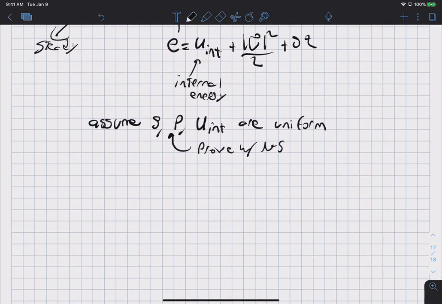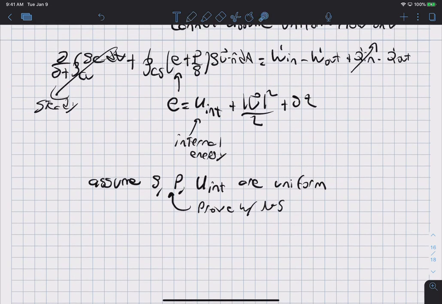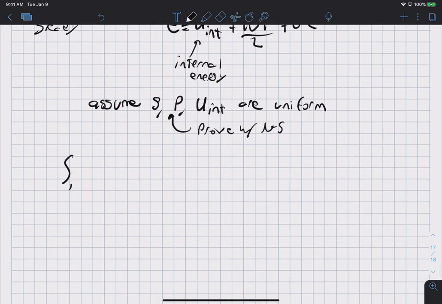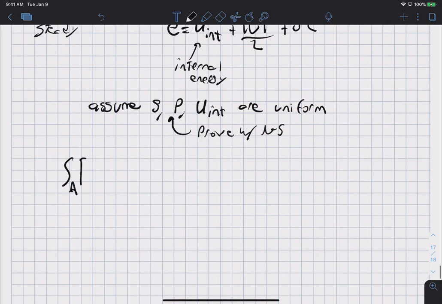So I'm just going to work with this term here, a generic integral over one portion of the flow area. So the integral over the area of U_int plus 1/2 V squared plus gZ plus P over rho, times rho V dot n hat dA.